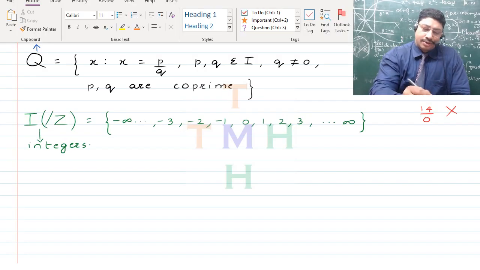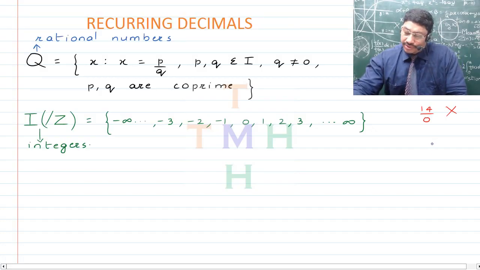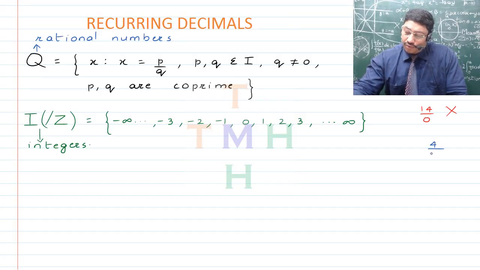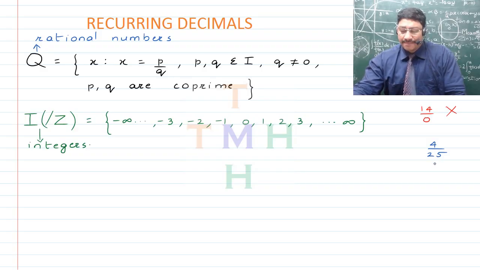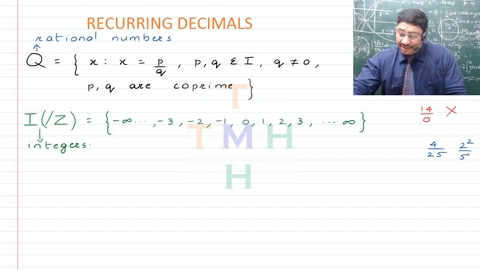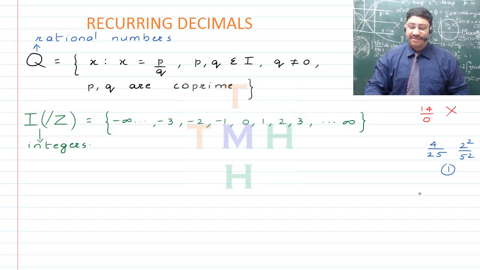So if say we talk about a rational number which is like 4 upon 25, now here you find that among 4 and 25 there are no common factors, as 4 obviously is 2 square and 25 is 5 square. So as such, the only common factor which is available among them is 1, and when such is the case, you say that the digits which are in the numerator and the denominator, they are coprime, right?